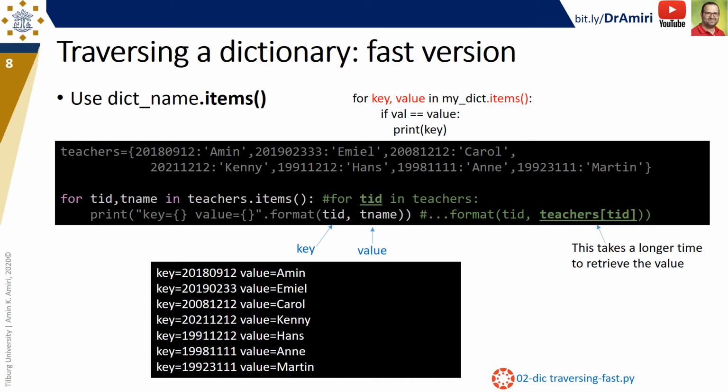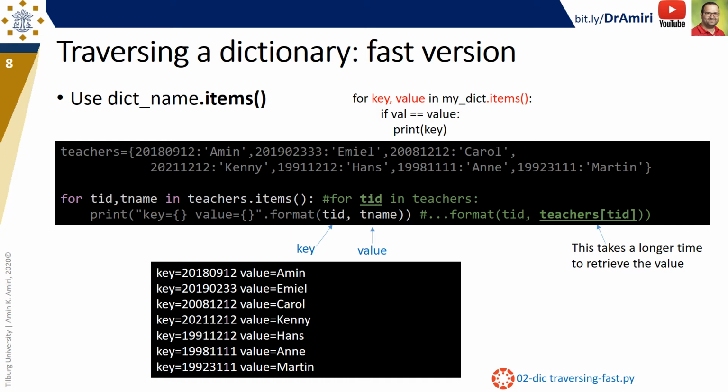And then you use the in clause, where you provide the name of the dictionary, then a dot, then items and parentheses, and after that a colon. Now you can access key and value inside the for loop by simply using key and value.